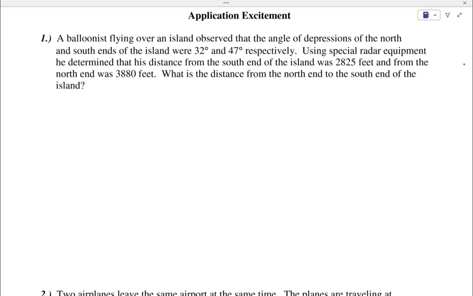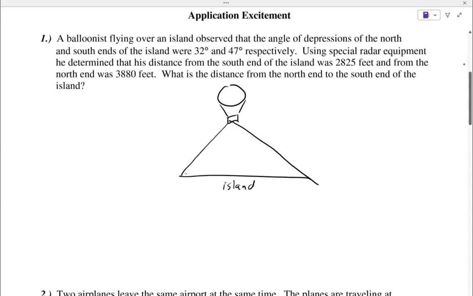So all right, let's say we have a hot air balloon, and my island is down here. Got distances from north and south. Doesn't really matter which one's north and which one's south as long as we're consistent.